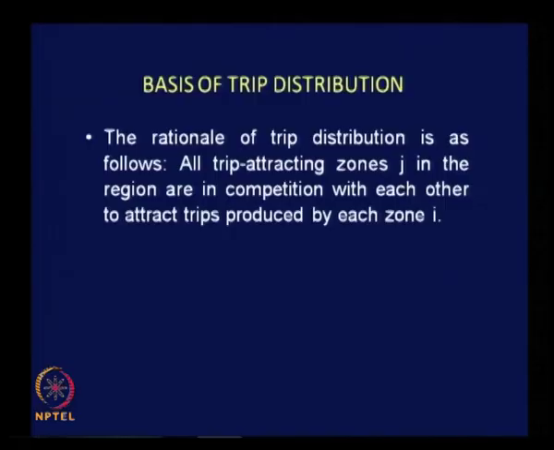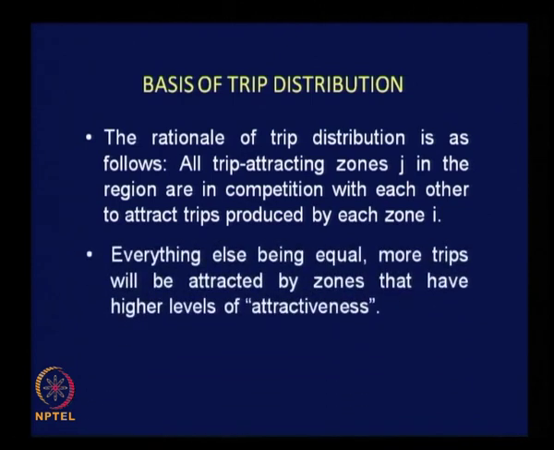Let us perceive that way first, and then everything else being equal, more trips will be attracted by zones that have higher level of attractiveness. It is obvious when they are competing for attracting more trips from trip producing zones, when the attractiveness of a particular zone is relatively high, that particular zone is likely to attract more trips from all other producing zones, is not it.